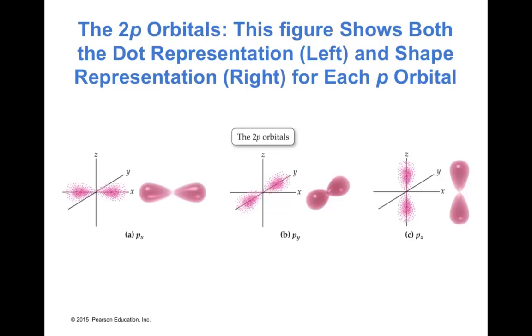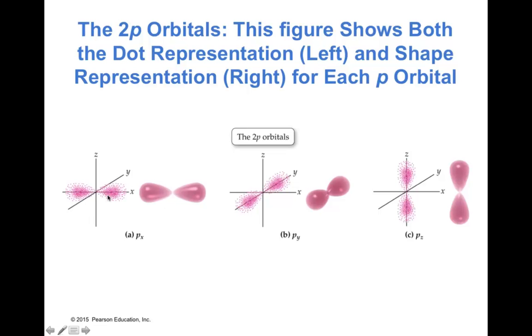The p subshell contains three 2p orbitals, all with the same dumbbell-like shape, but with different orientation. So when we have the s, we're going to have just one s. When we're in the p, we're going to have three orbitals.